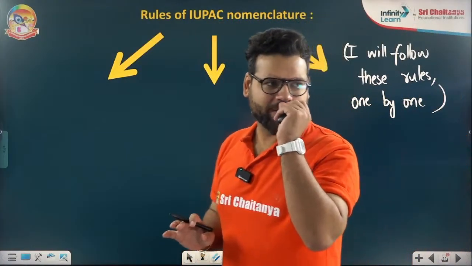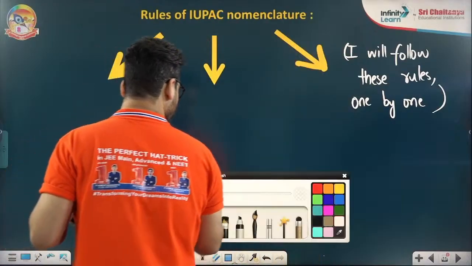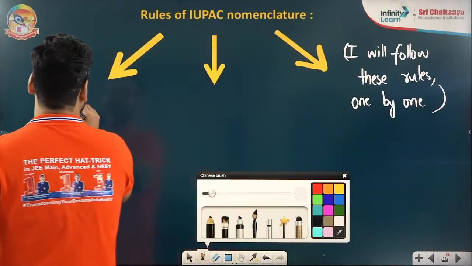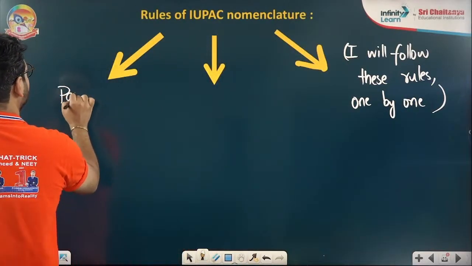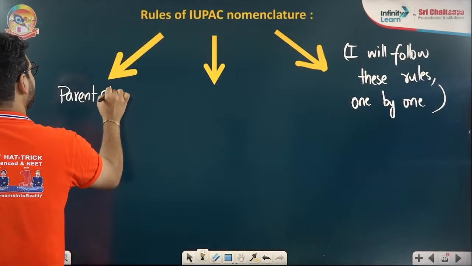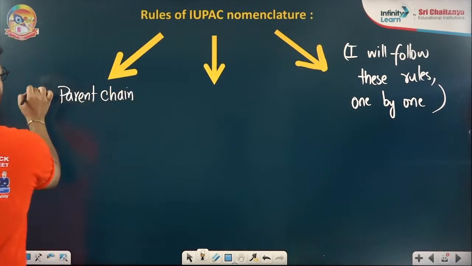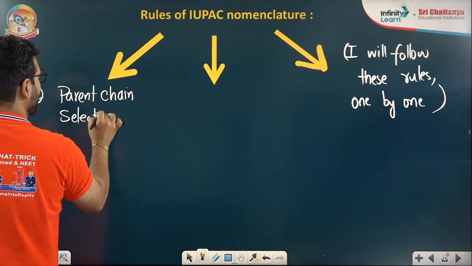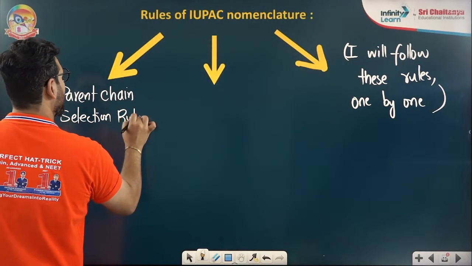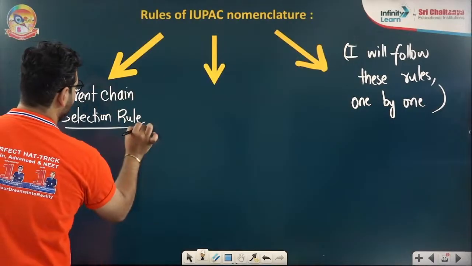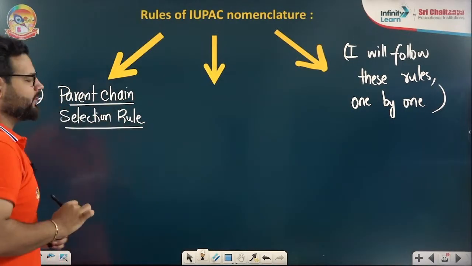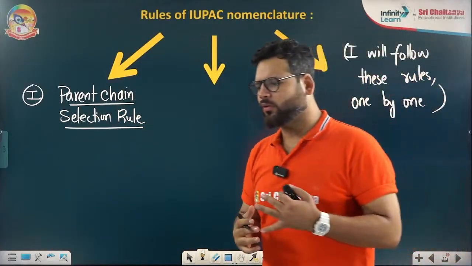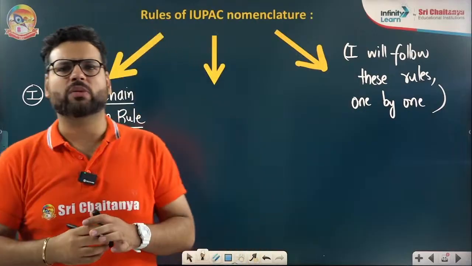Rule number 1 is the parent chain selection rule. Listen to the rule carefully. In simple questions, mostly you will not make mistakes, but when the question becomes a little complex, you will try to skip some rules.